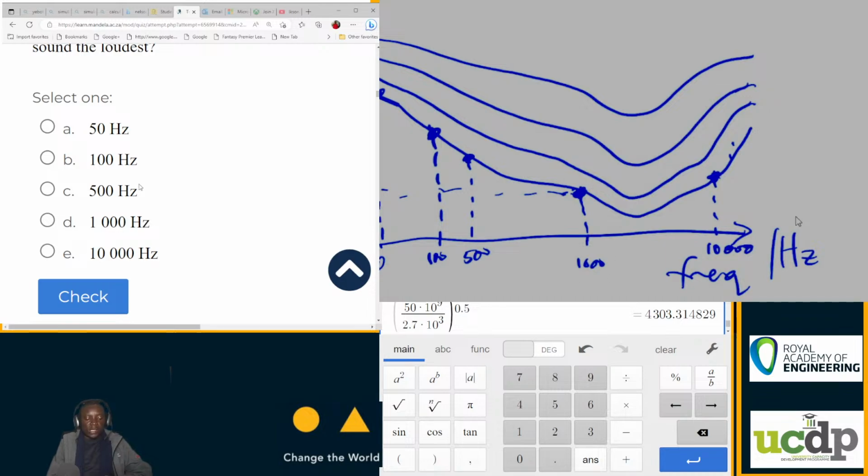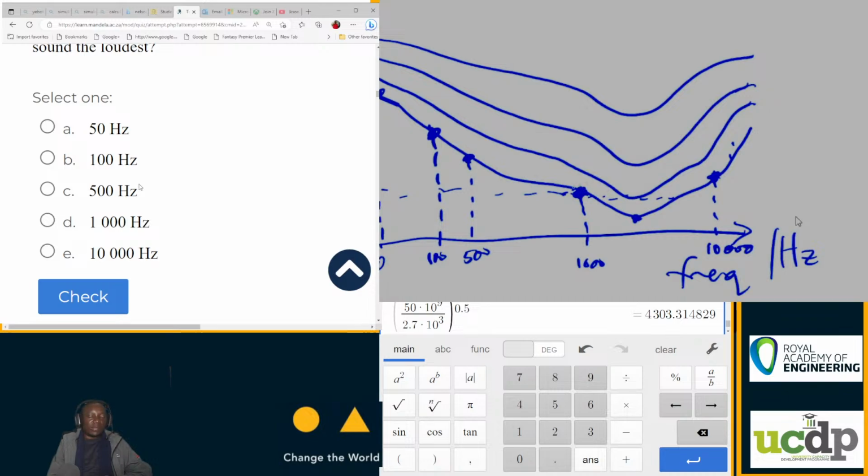So this is the lowest point. For the given values there, we have 50 hertz, which will be up there, and 100 hertz for the same energy is still up there, 500 hertz is there, but 1,000 is here and 10,000 is up there. So what that means is this point, which is a lower sound level, sounds the same as all the other points but having less energy.